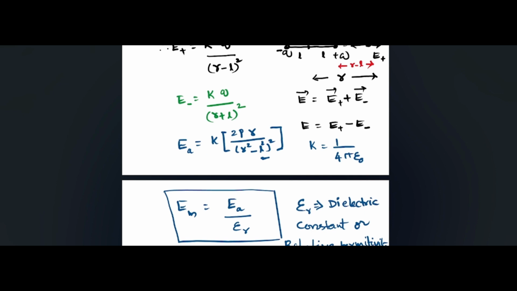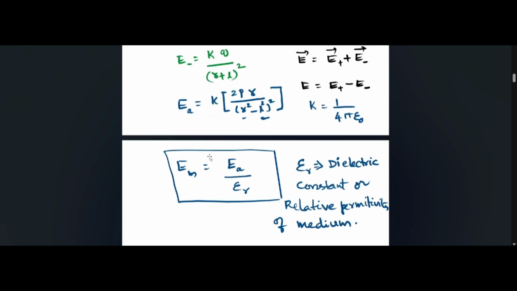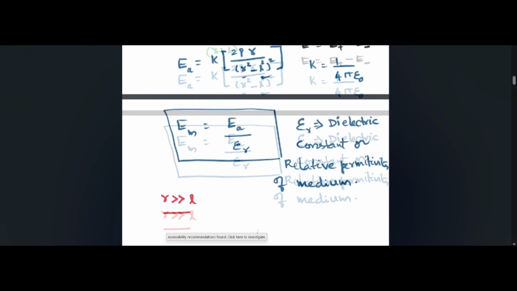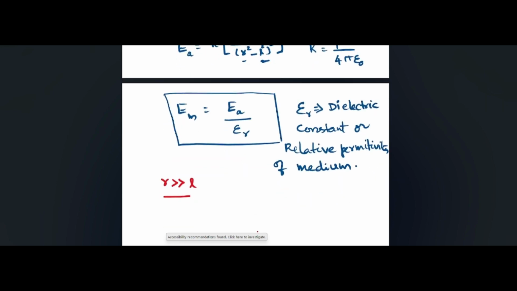Generally the length of the dipole is very small, and if you compare that with r, that is, if r is greater than L, where r is the distance of the point on the axis of the dipole, we can neglect L square in the equation. So the electric field on the axis of the dipole we can write as K into 2pr divided by r square over square, that is r power 4. So K into 2p by r cube.